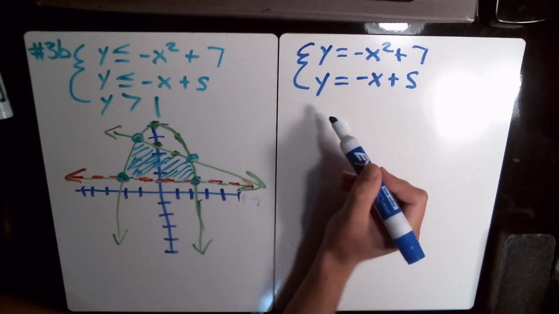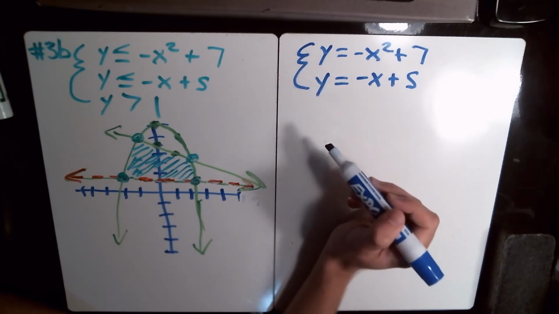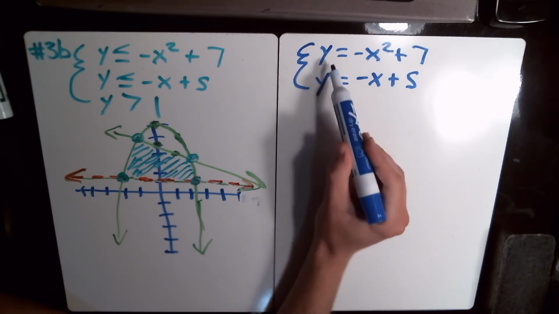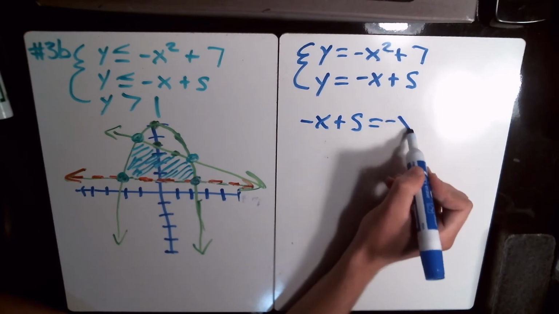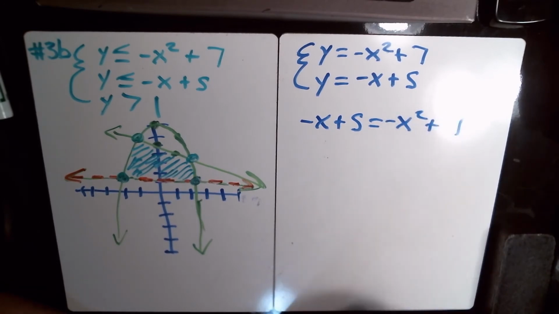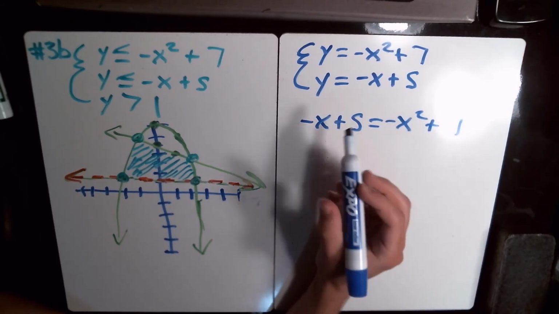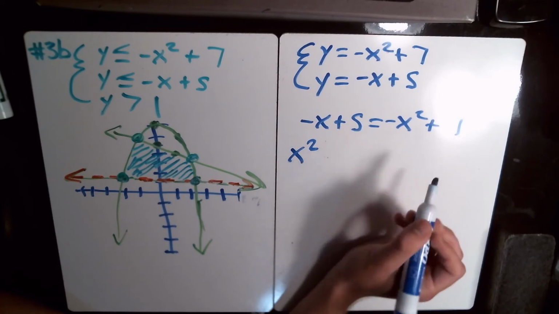So let's go ahead. We already have them solved for y, so we may as well just do a substitution. We'll plug this y into here, and we get negative x plus 5 equals negative x squared plus 7. Then I'll get everything to one side, so I'll add the x squared over and subtract the 7.